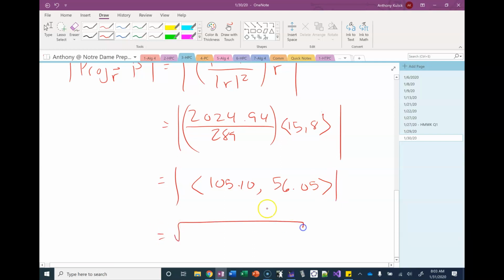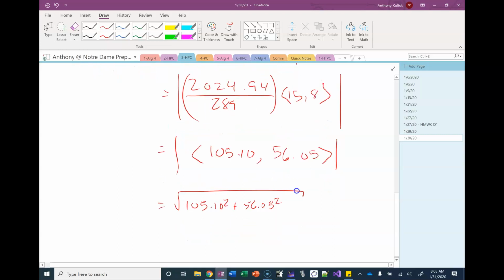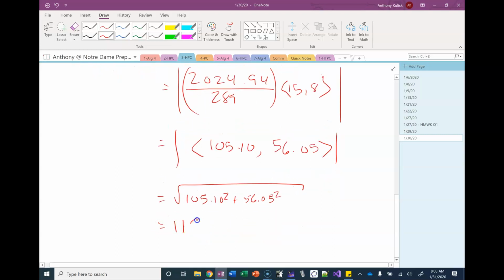And then the last step is to do the magnitude. And when I do that in my calculator, I should get the desired result, which is 119 and change.